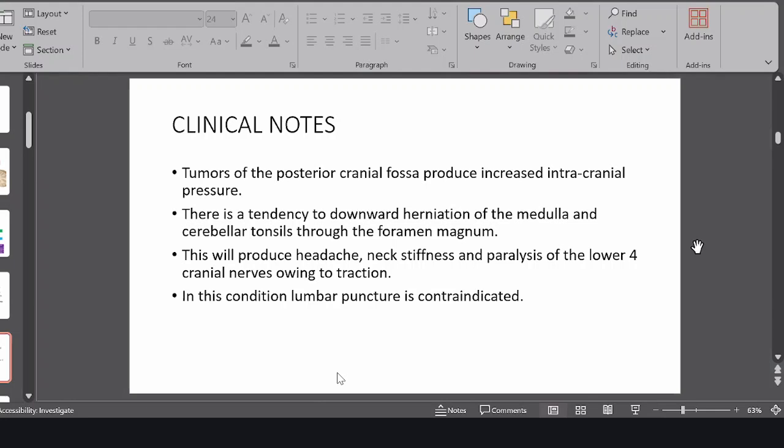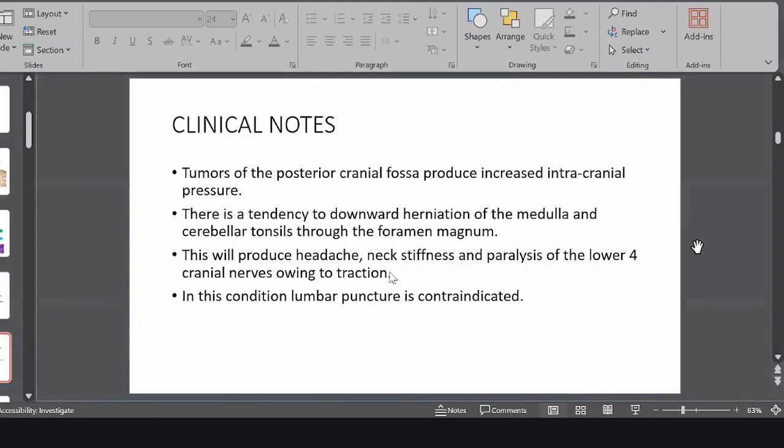Now, this CSF can also be used in diagnosis. But when there's increased intracranial pressure, it is contraindicated to do what? Lumbar puncture. Is that okay, class? Excuse me, sir.